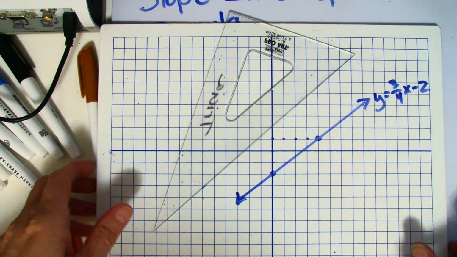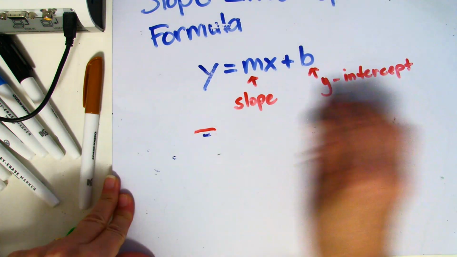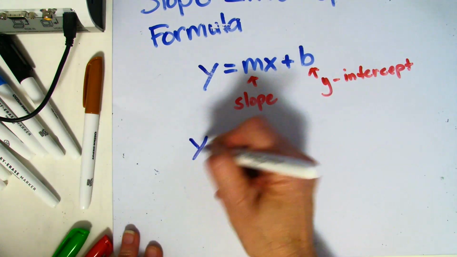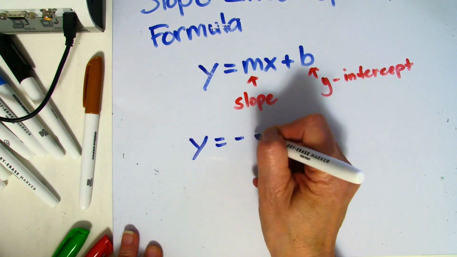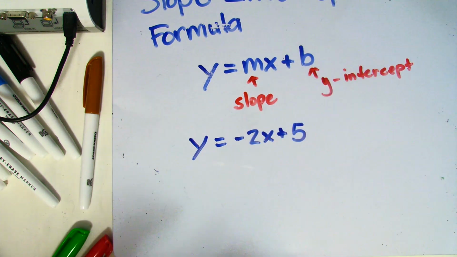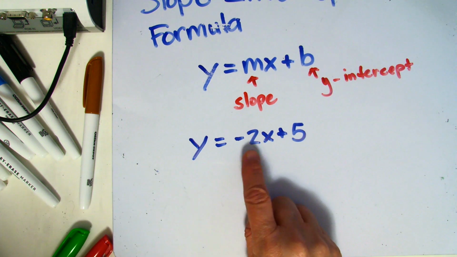Let's do one more. In this example, let's say we have a negative slope. And so we're going to have y equals -2x plus 5. Now notice the slope is negative. It's also not a whole number, it's an integer, because we don't have negative whole numbers.